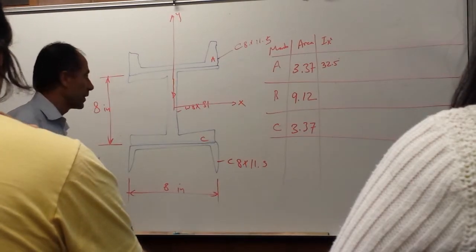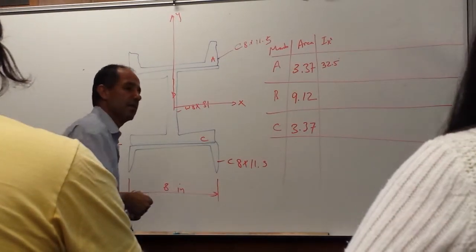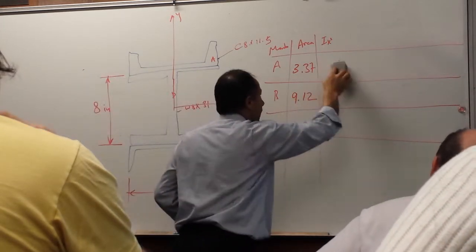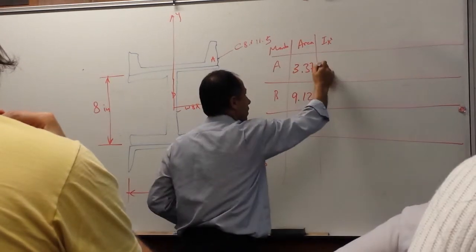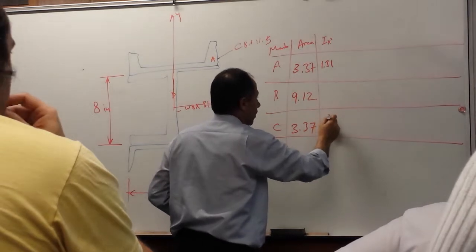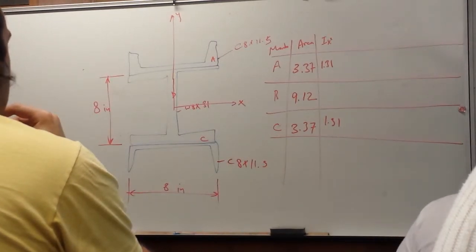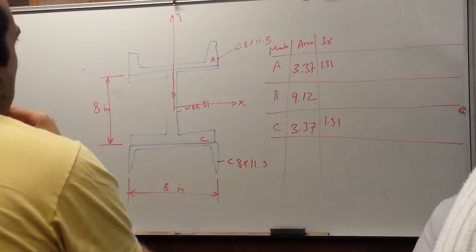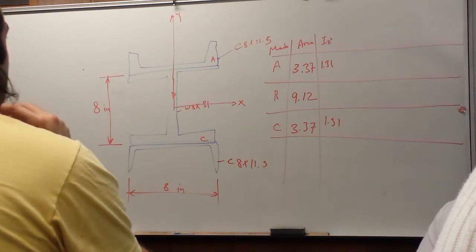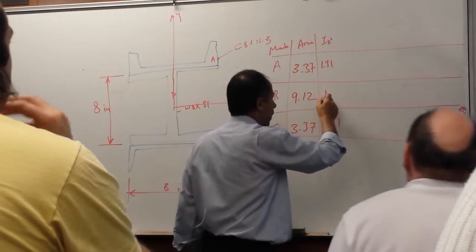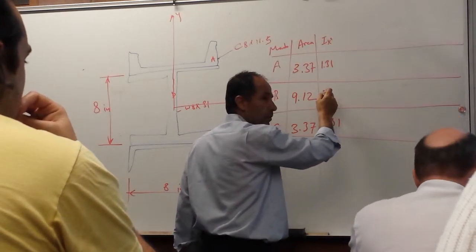Oh, you're right. So 1.31, the Y direction. What about the other one? The W is 110.